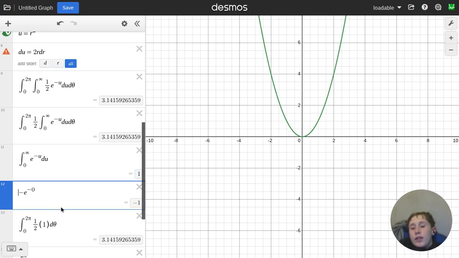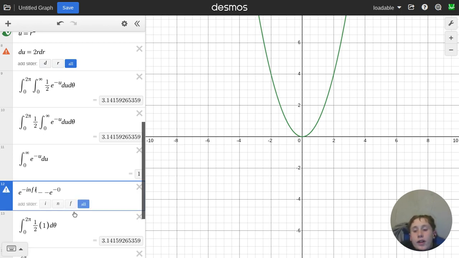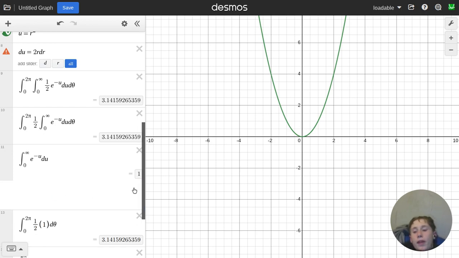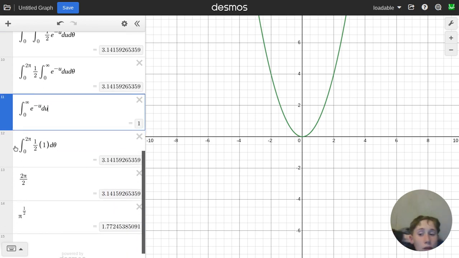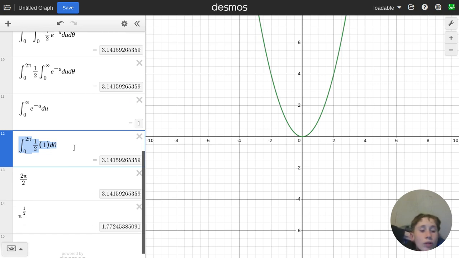So the thing is essentially e to the negative infinity minus e to the negative 0, which is just 1. And then we bring that down, and then we have this very simple integral here. We have the integral of 1/2 times 1, bounded 0 to 2 pi, and we're differentiating by angle.